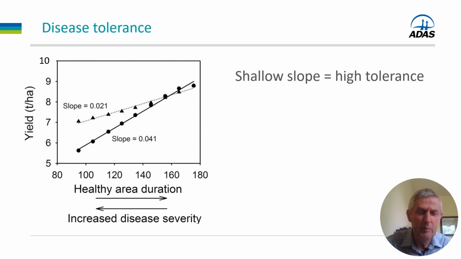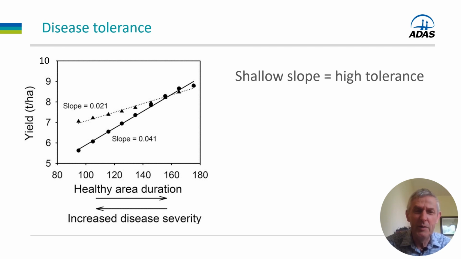So on the bottom axis we have the healthy area duration, and up the vertical axis we have the yield that we measure. And clearly the more disease there is in the plots, the smaller the healthy area duration.